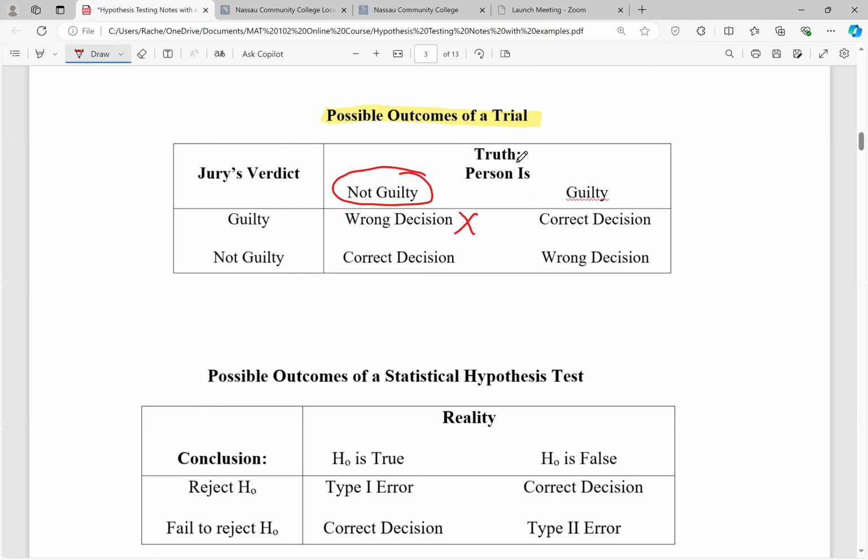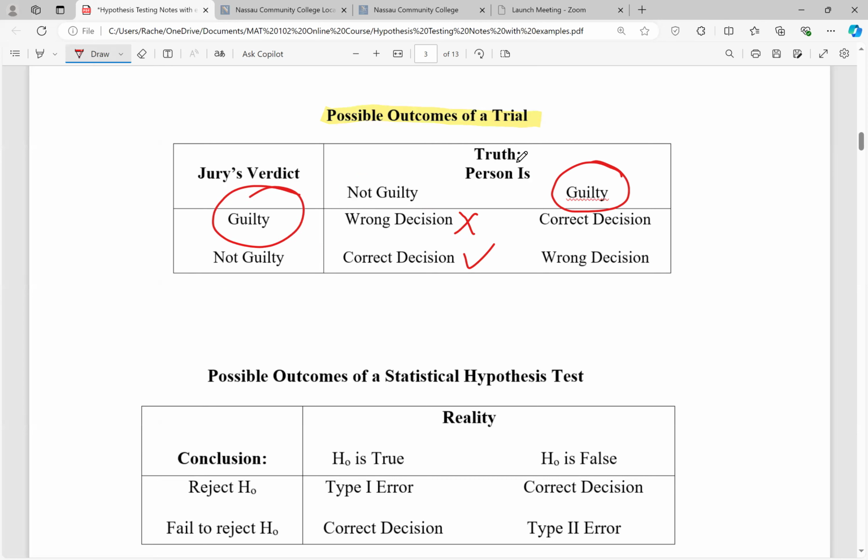What if the truth of the matter is the person is not guilty and the jury comes back and says not guilty? Well, that matches, right? That's a correct decision. You want to find a not guilty person not guilty. What if in reality the person is guilty in real life and the jury comes back and says guilty?